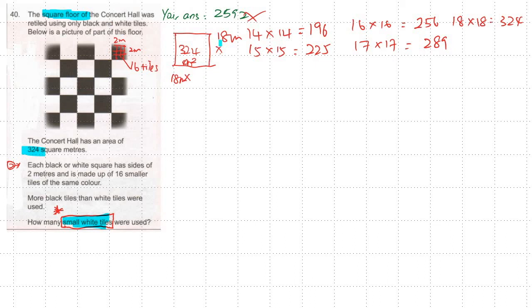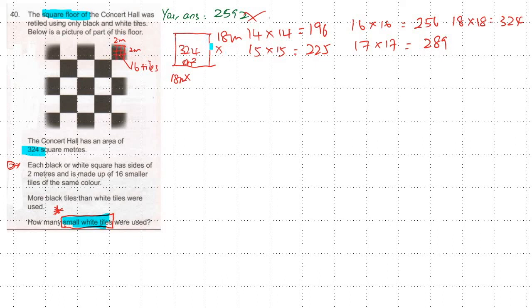Let me first see. If I know that here is 18 and 18, and one of these is 2 meters, how many of these big squares can I put in here?